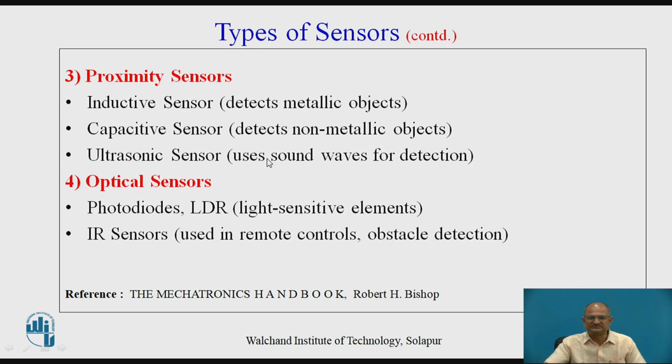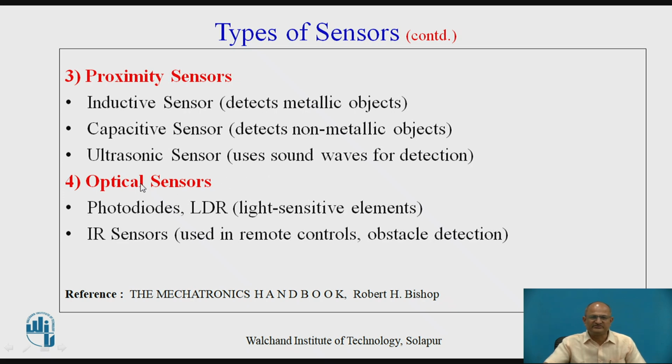A sound wave is transmitted by a transmitter, and when an object comes in front, the sound wave gets reflected. This reflected sound wave is collected by the receiver, and based on this, the ultrasonic sensor generates an electrical signal.